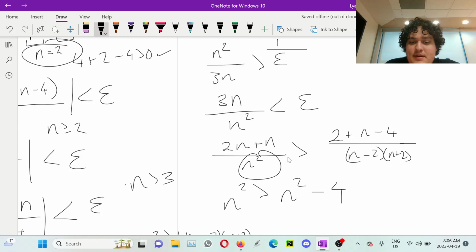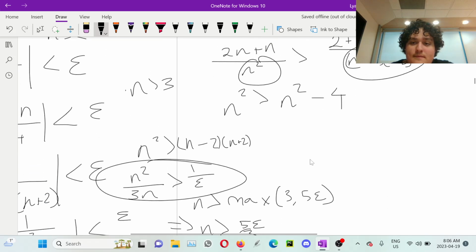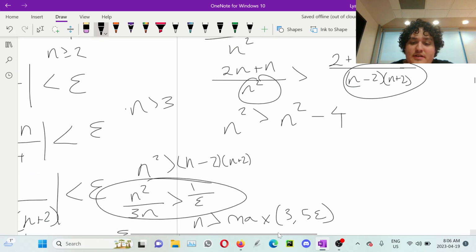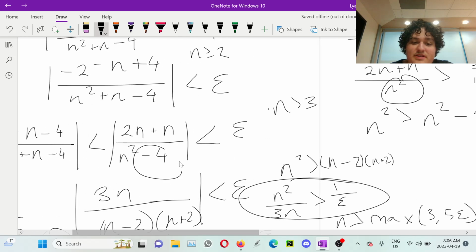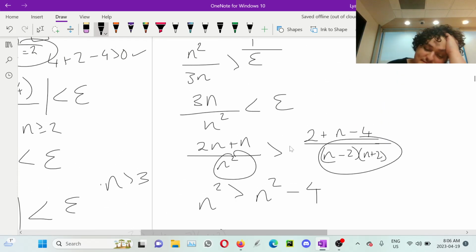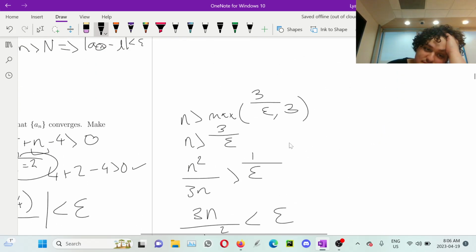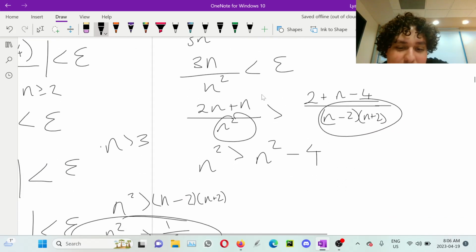This is bigger, right, than this, so that's not true. I don't know why I did that. I have to make it smaller, right? I can't just delete the 4. Okay. I don't know what I'm doing.